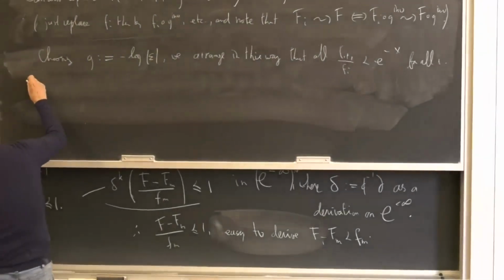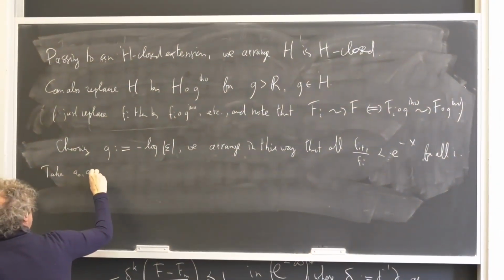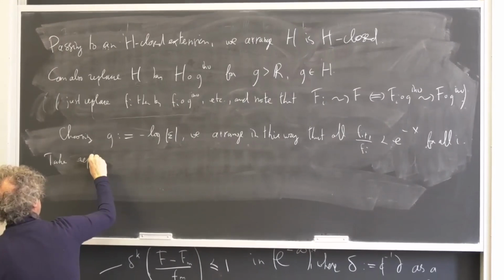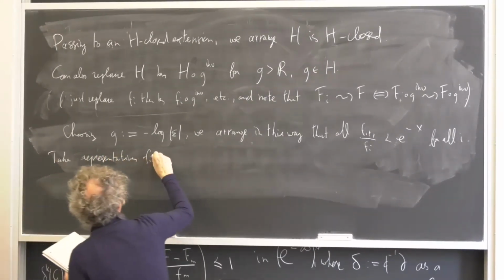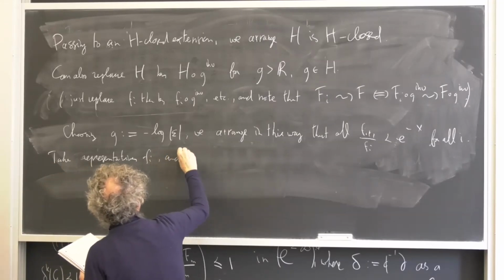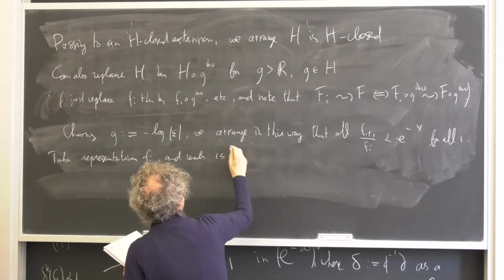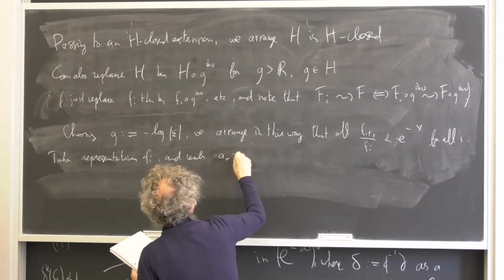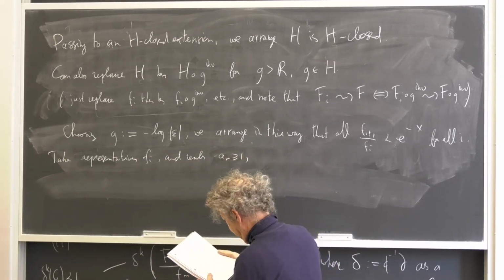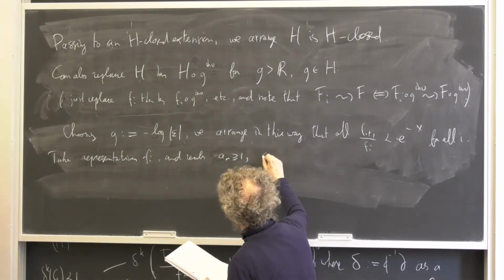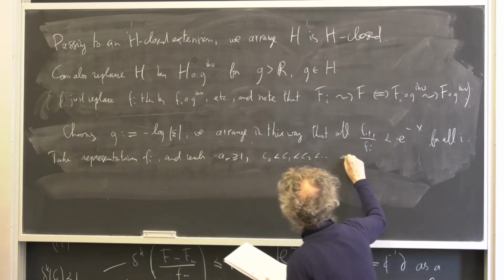So we take A0, A1, take representatives Fi, and reals less than A0 and reals An greater than 1, and C0 less than C1 less than C2 as before.